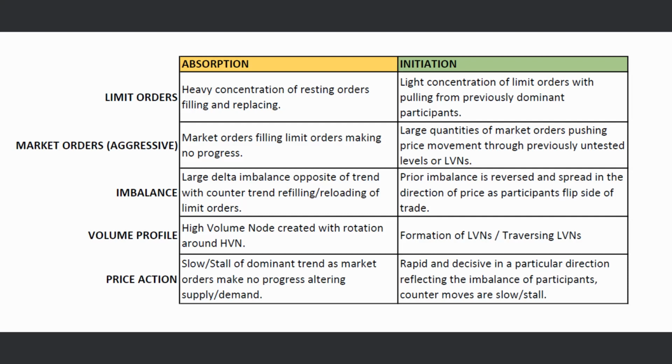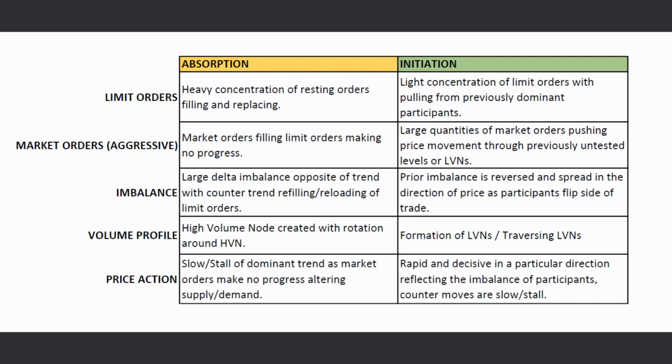Aggressive market orders: the absorption process commences when numerous aggressive orders, buy or sell, enter that zone of limit orders and execute against them, transferring contracts between participants, but they're not making progress, which can then lead to an order book imbalance.